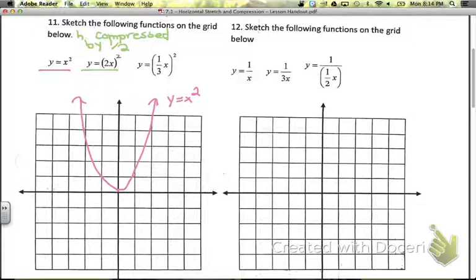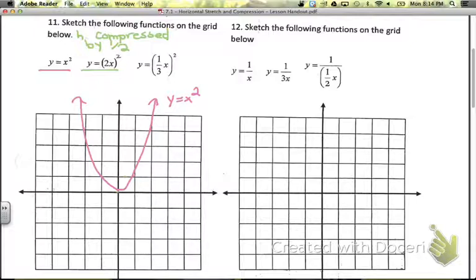So we start at our origin here. Our origin is 0, 0. It is going to stay as 0, 0. Now our point here is 1, 1. Now the x value is 1. You're going to multiply that by a half. So now our point is going to be a half, 1. And up here where our point is 2, 4, you're going to multiply our x value, so 2, by a half, so it's now going to be 1.